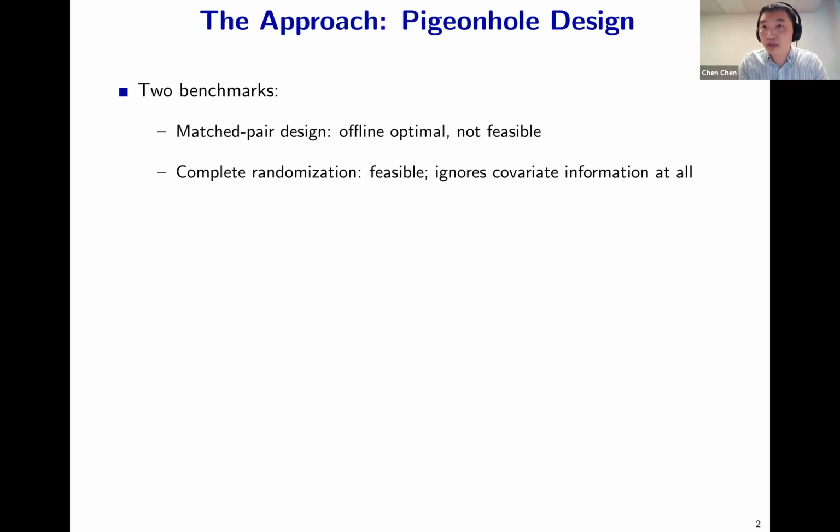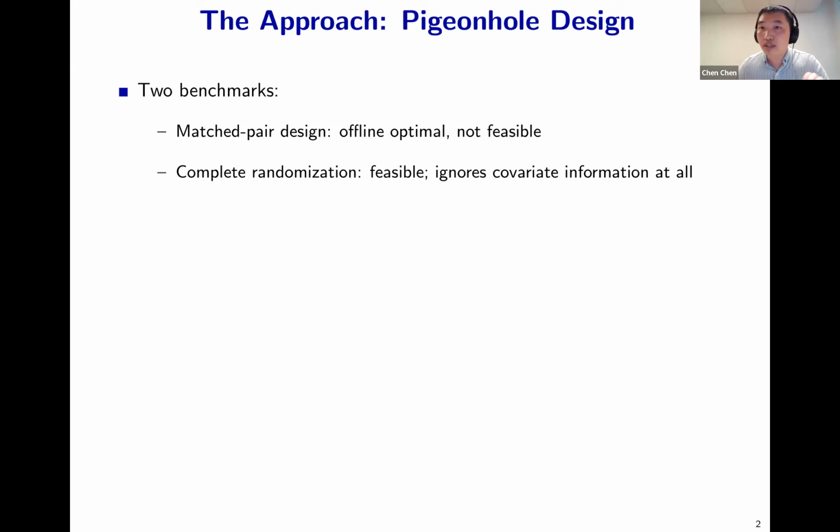It is feasible in the online setting, but we just ignore the covariate information. So the research question is, can we design better experiments that improve upon the gold standard, which is complete randomization? And especially, can we have performance that is close to the offline outcome?